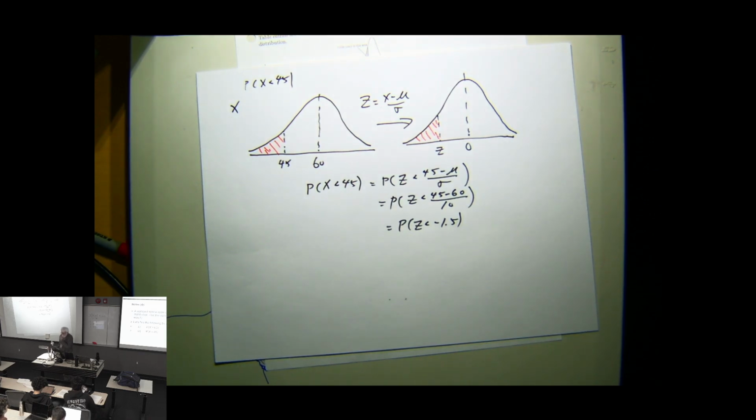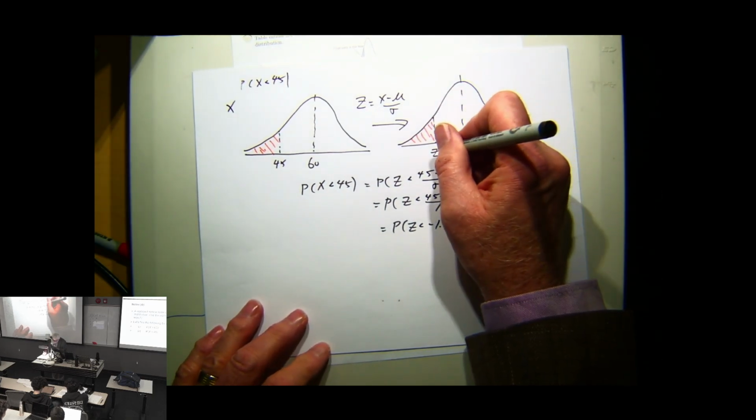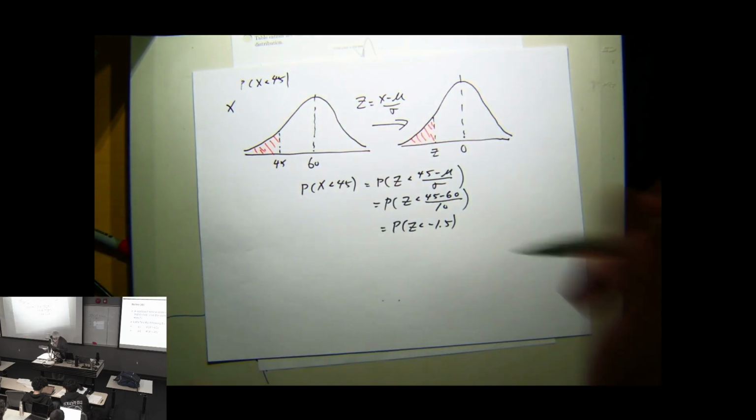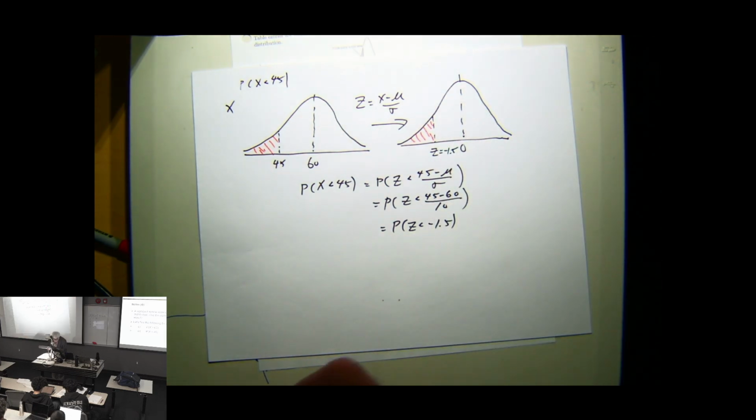That makes sense: 45 is 15 below 60, and the standard deviation is 10, so it's 1.5 standard deviations below. So I fill in that this z value is negative 1.5.